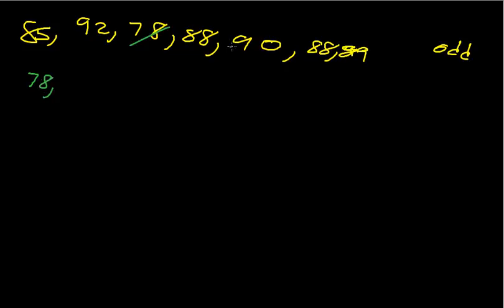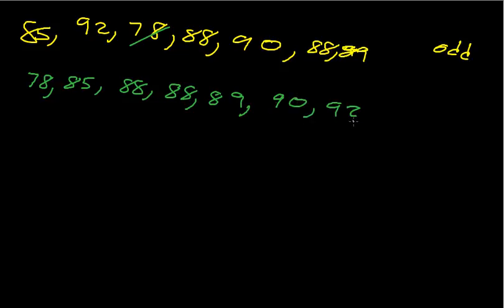78, then we've got 85, we got 88, 88, and 89. Then you got 90 and 92. So we've got an odd amount here. With an odd amount, it's real easy when you find the first, second, and third quartile.